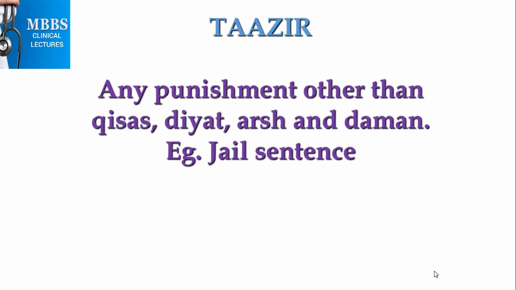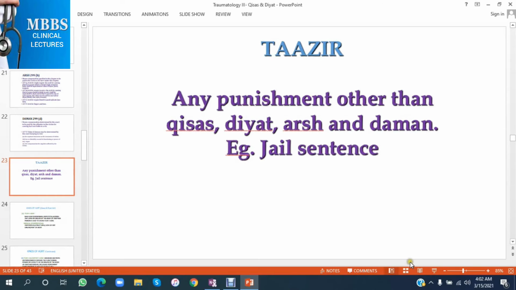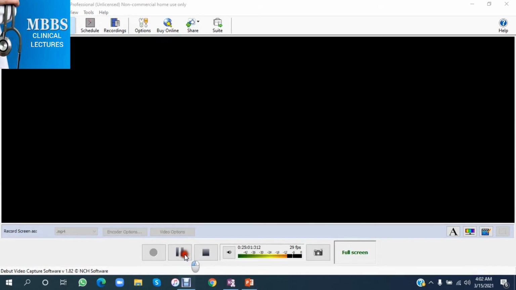So if we simply recall all the punishments according to the Qisas and Diyat Act, these are: number 1 Qisas, number 2 Diyat, number 3 Arsh, number 4 Daman, and number 5 Tazir. These are the punishments according to the Qisas and Diyat Act.